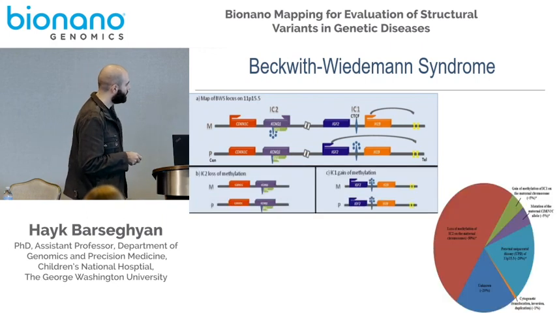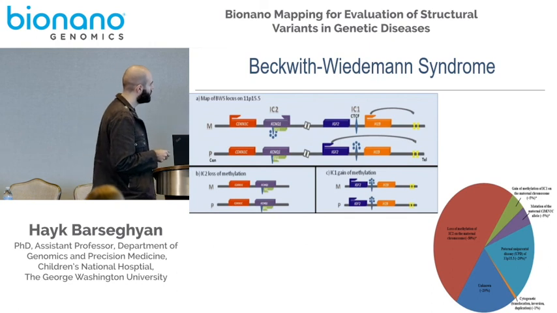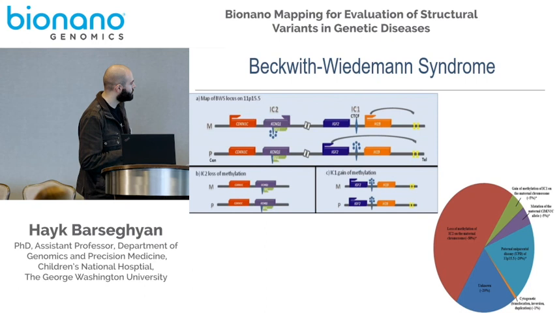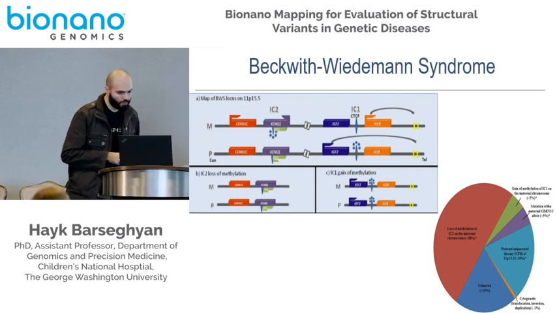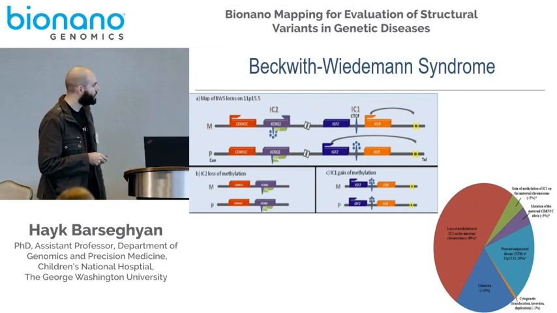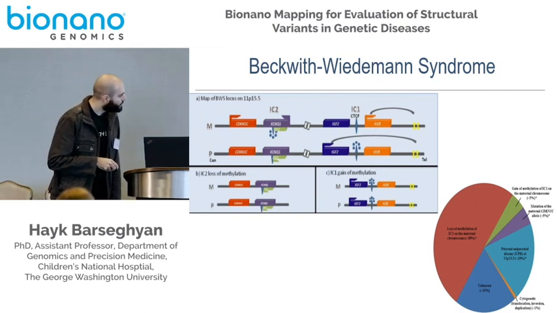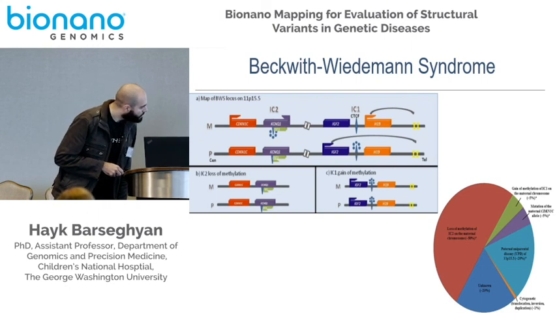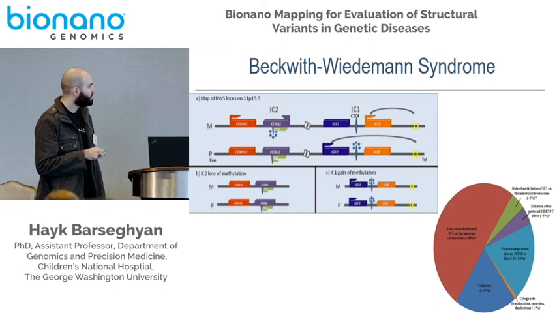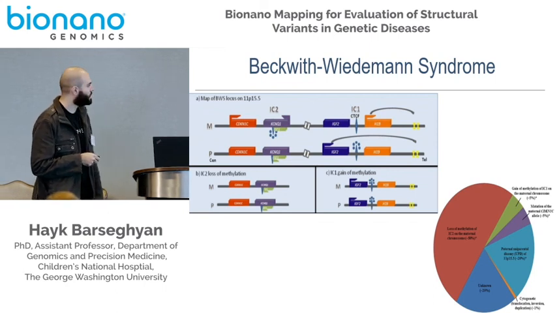In 50% of the cases, the methylation in this IC2 is lost, which drives the expression of KCNQ1OT1, and that results in this overgrowth syndrome. I forgot the percent, but in other cases, I see one gain of methylation from the paternal allele also results in this.